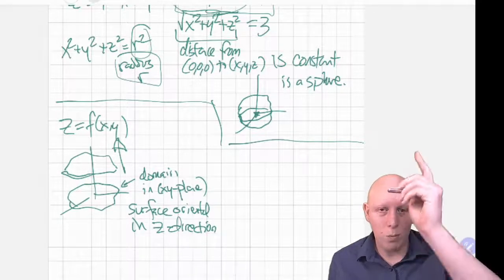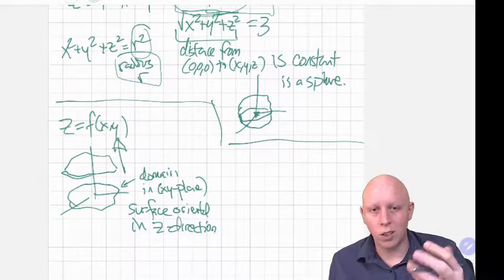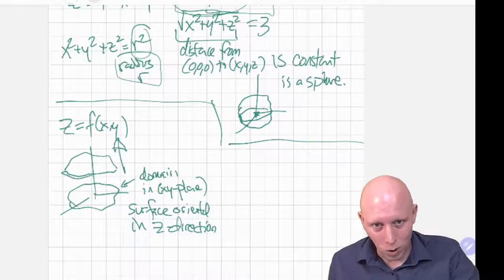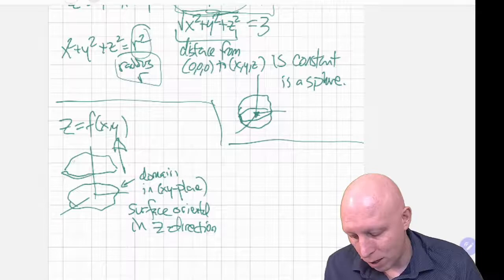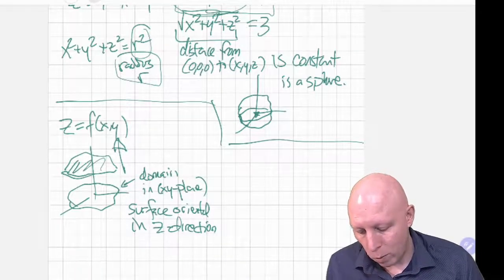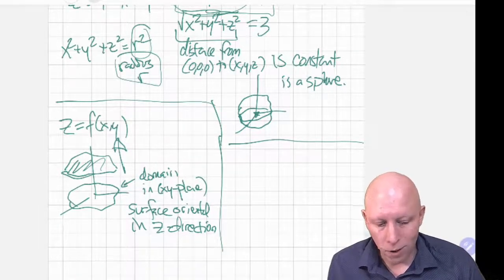So it's up, down, right? You can have a negative function where the function lies below the xy plane. That's surely fine.